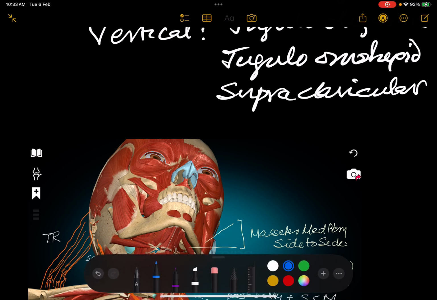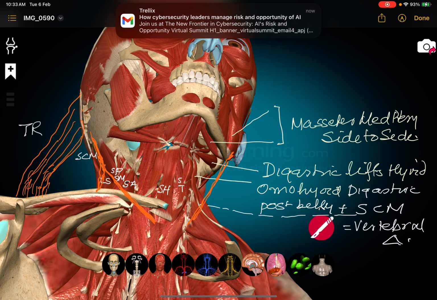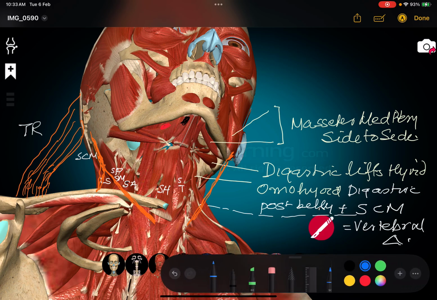So lymphatics will place blue: submental, submandibular, jugulodigastric, great auricular, lesser occipital, greater occipital. So these are the outer ring. And then the vertical chains are jugulodigastric, jugulo-omohyoid, supraclavicular. So these are the vertical chains.